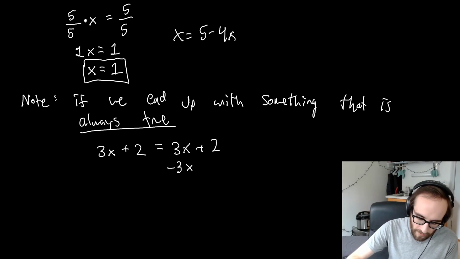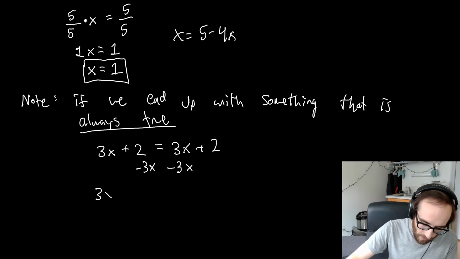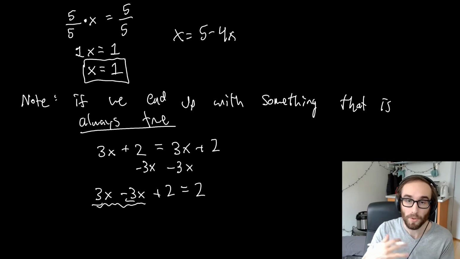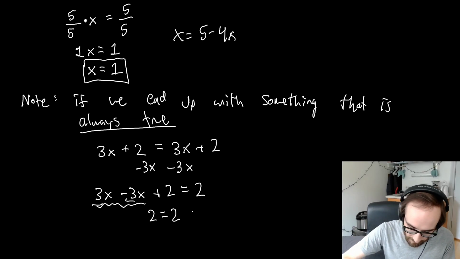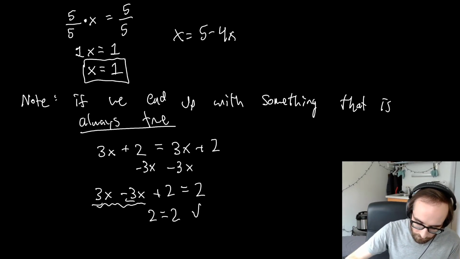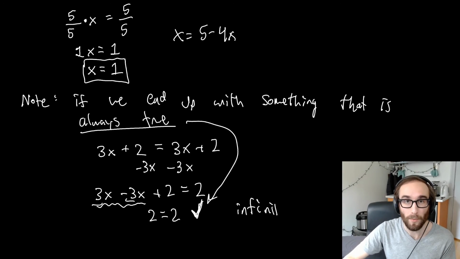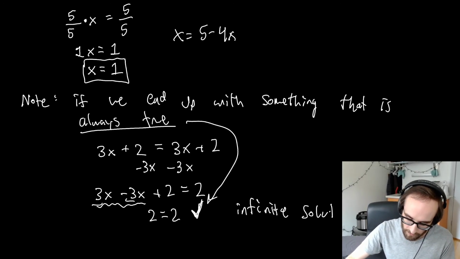We're trying to get all of the x's on one side. 3x minus 3x plus 2 equals 2. And then 3x minus 3x, if we take 3 and subtract 3, we end up with 0, so 0 x's. We get a statement 2 equals 2. And this is always true. That means that we have infinite solutions. So any number that we put in for x will make the equation true. So infinite solutions is our answer in this case.